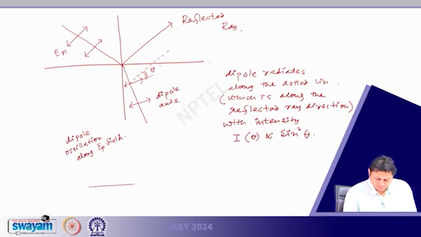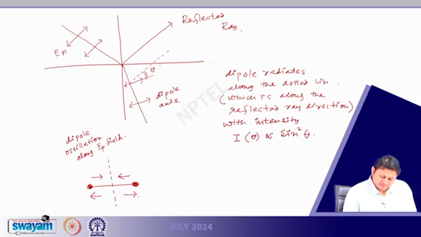So when the dipoles are oscillating, they radiate, and this radiation, as I showed, depends on the value of theta with the dipole axis.